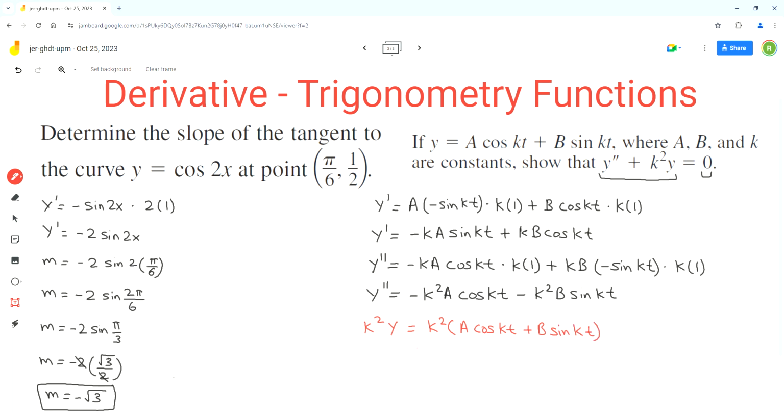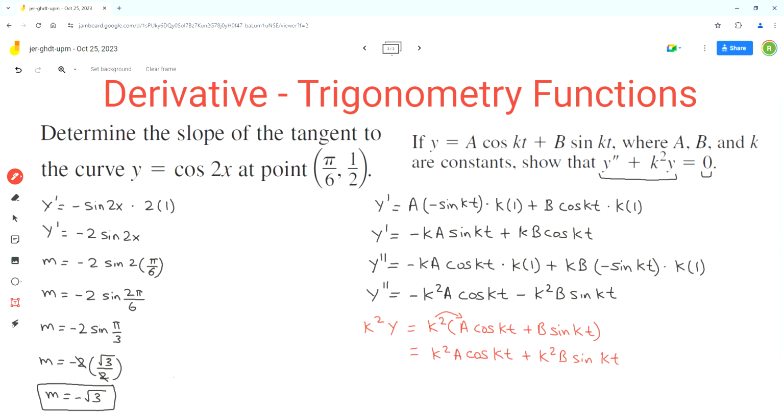Now we can simplify this expression by distributing k square into the parentheses. So this is the expression we get for k square y.